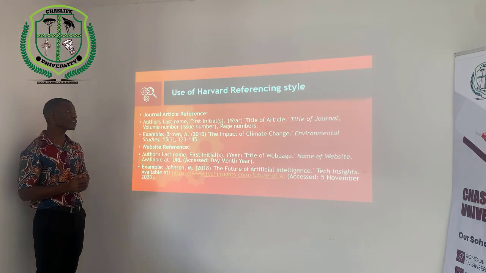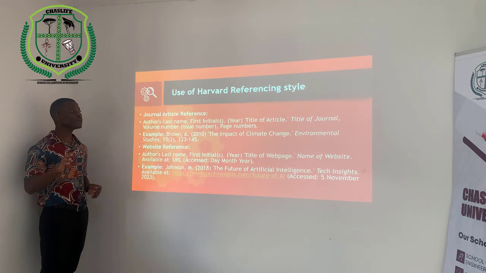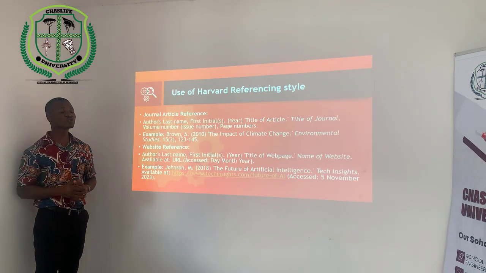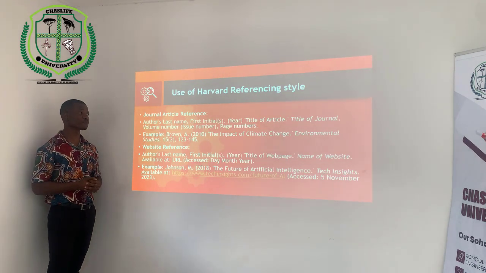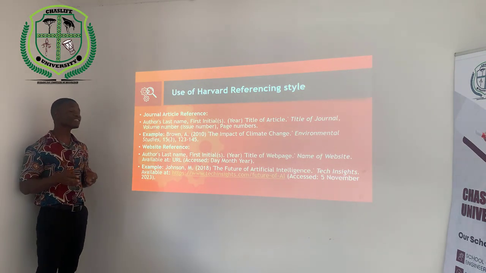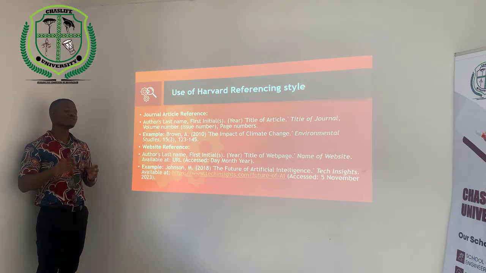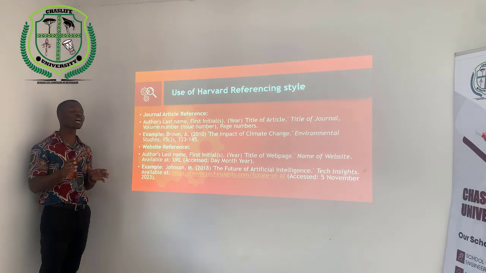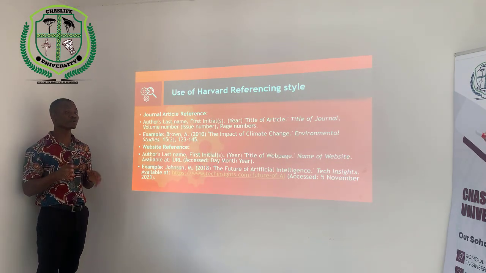Another way, maybe you are using a journal article reference. This is the way you reference. The first thing that you're supposed to do is the author last name, very important, as we are using Harvard referencing style.